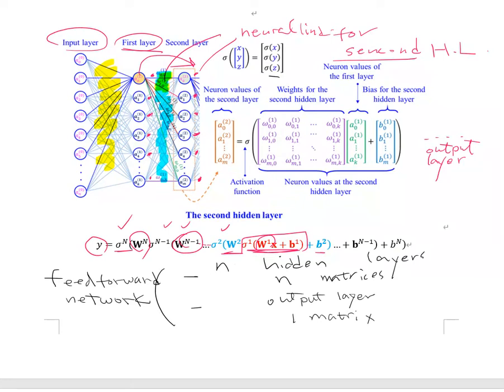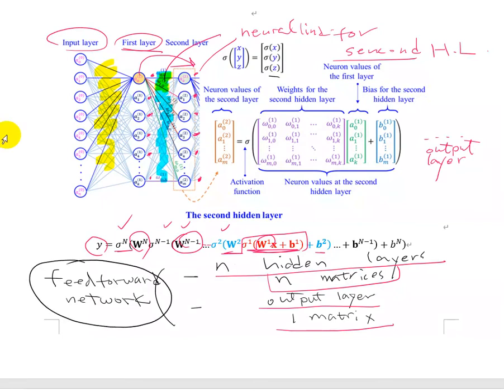So if you assume n hidden layers, you're going to need n matrices to represent the feed-forward network calculation for n hidden layers. And if you have one output layer, of course, then you need one matrix to conclude the calculation of the feed-forward network. So the feed-forward networks are represented by n hidden layers based on n matrices and one output layer based on one matrix.